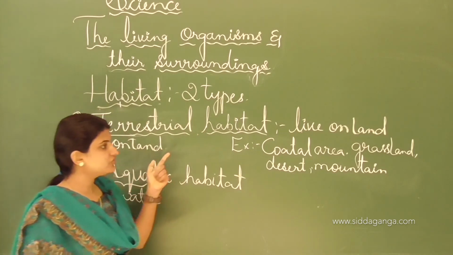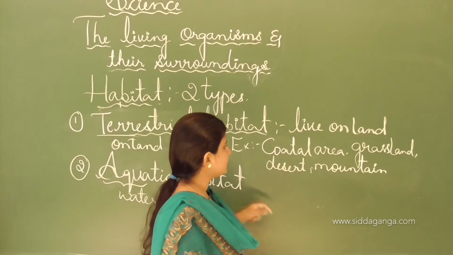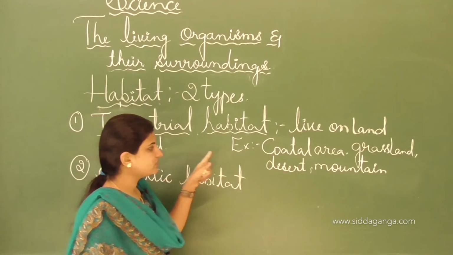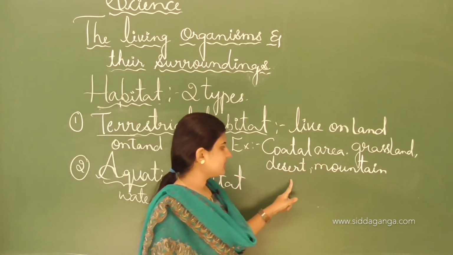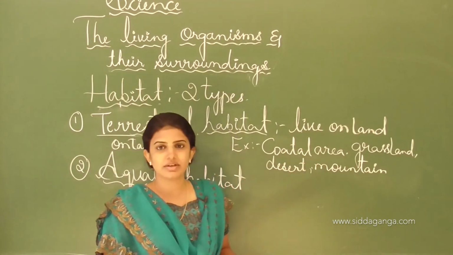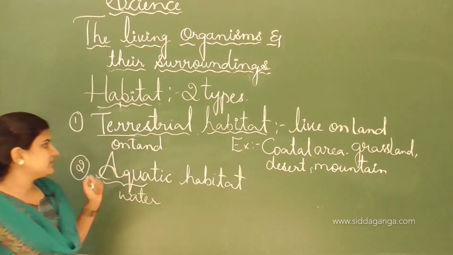Those organisms which live on the land are called terrestrial habitat. Examples are the coastal area, grassland, desert, mountain, forest.